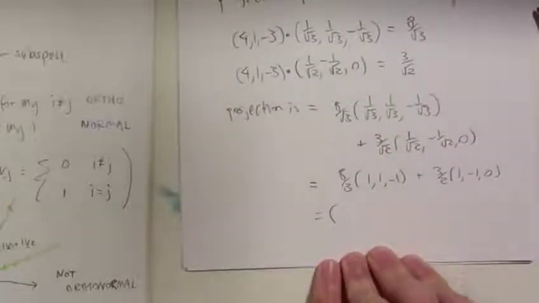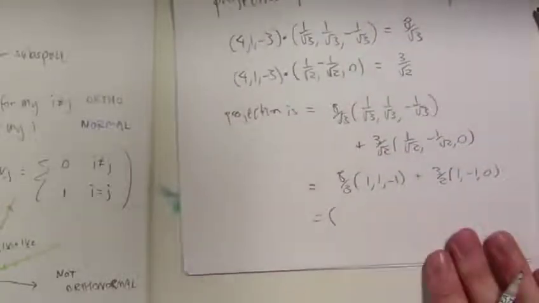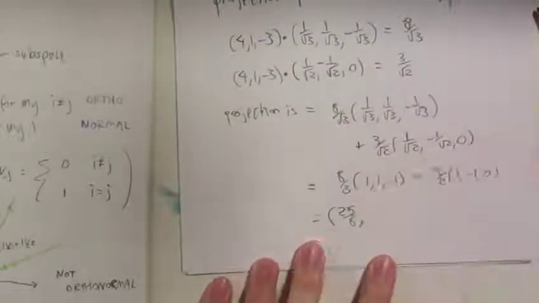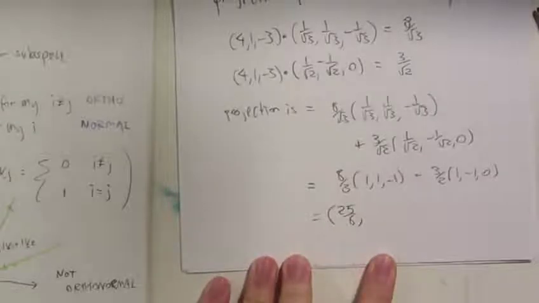Let's see, 8 thirds plus 3 halves would be, oh my goodness, 16, 6 plus 9, 6, and 16, 6 minus 9, 6.